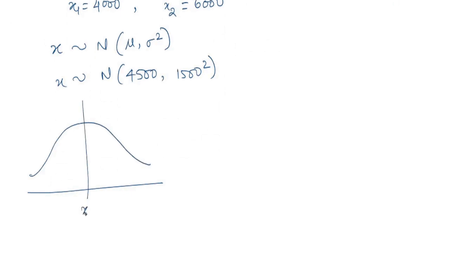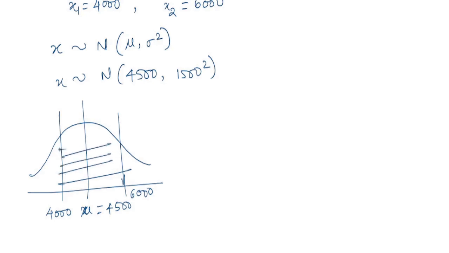This is x is equal to mu, which is 4500, and to find between 4000 and 6000, 4000 is on the left hand side, that is less than 4500, and 6000 is on the right hand side. This is the required area which we have to find.